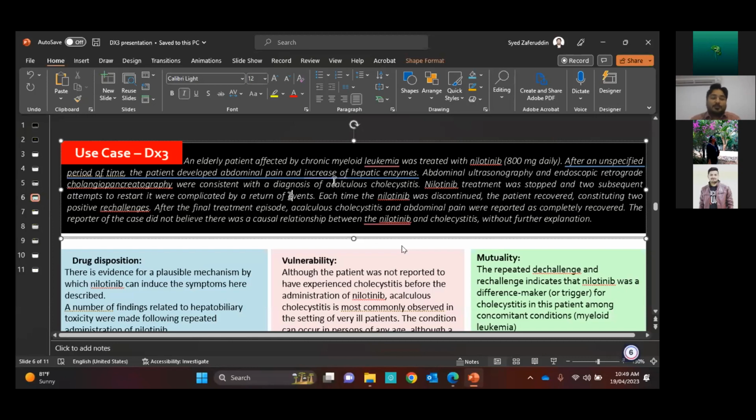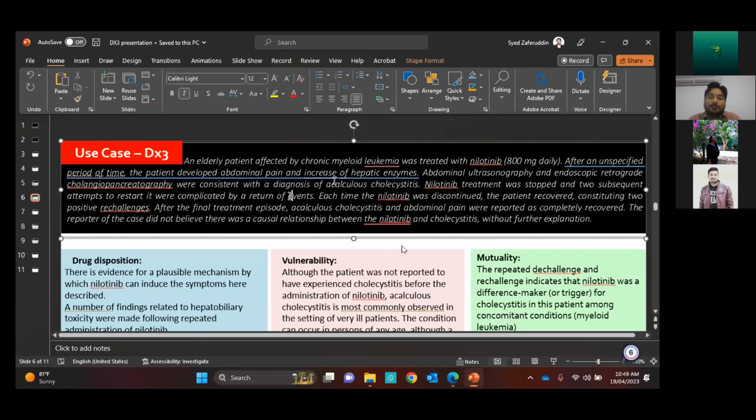So if I apply Naranjo's scale to the given case, I will get a result that the given event and drug nilotinib have a probable association for this occurrence. So causality will be probable. With this single assessment, I cannot take any decision with the drug.